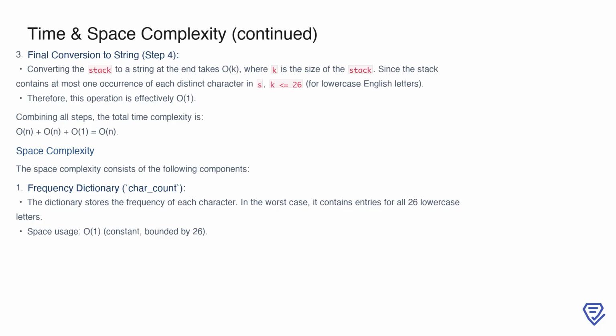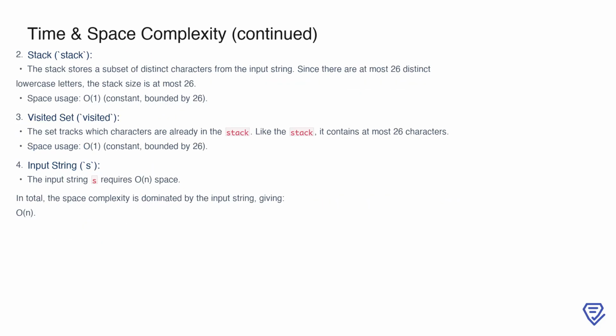Now, turning to space complexity, we start with the frequency dictionary, which stores counts for at most 26 characters. Since this is bounded by a constant, its space usage is 1. The stack, used to store a subset of distinct characters, also has a maximum size of 26, as there are at most 26 distinct lowercase letters. This means the stack contributes 1 to space complexity.